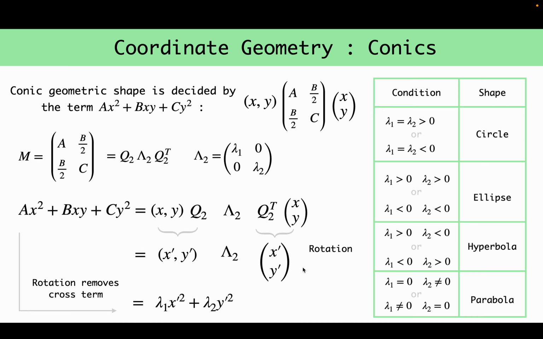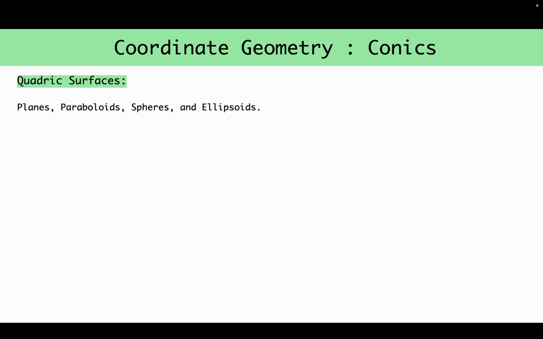But to thoroughly check whether the general equation forms a degenerate conic or not, that can only be checked by the matrix we have seen earlier, by computing its determinant and checking whether it is equal to 0 or not. If it is equal to 0, then it will be a degenerate conic. If it is not equal to 0, then it will be a non-degenerate conic, which will lead to one of these shapes. So that's the core idea, and this idea can be extended for higher dimensions also.